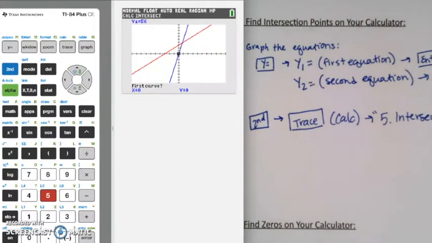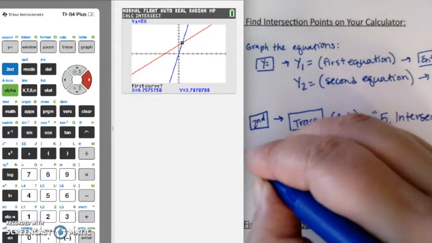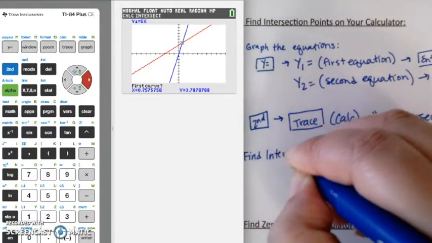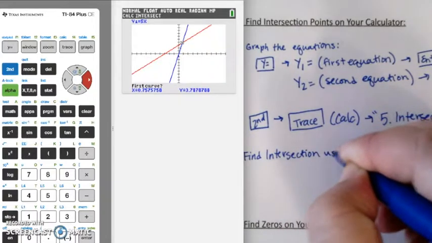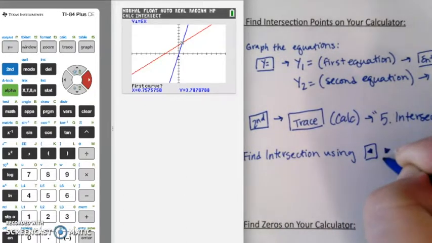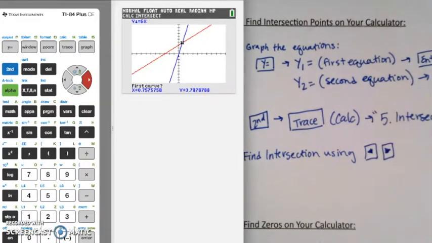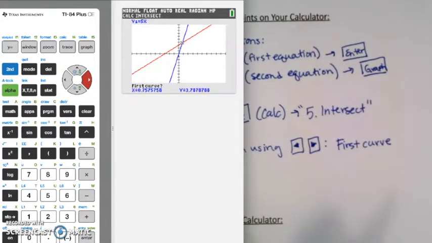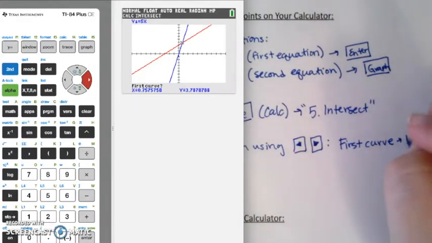And then it's asking first curve. So it's on my blue curve. I'm just going to tab over using the left and right arrow keys in order to find the intersection. Okay, so I highlight my first curve and then hit enter.